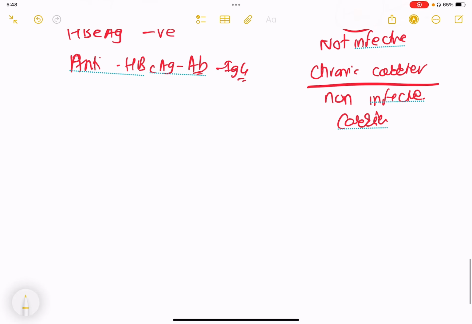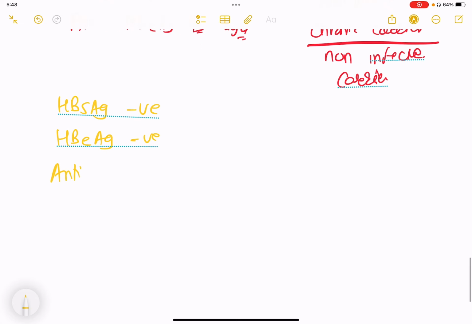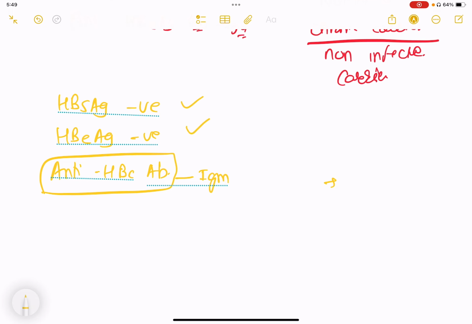The next possibility that we can get is, suppose hepatitis B surface antigen is negative. The same way hepatitis B E antigen is also negative. But if the patient is positive with anti-hepatitis B core antigen antibody, and if it is IgM, it means the patient has recently developed antibodies and has cleared both the antigens.